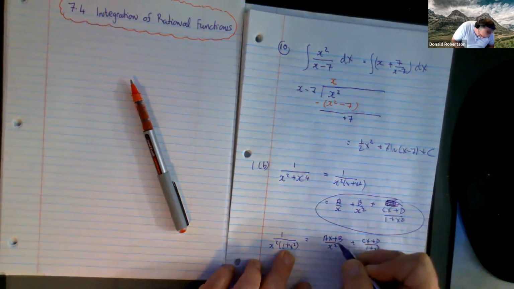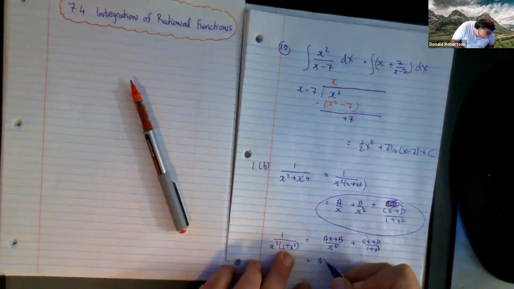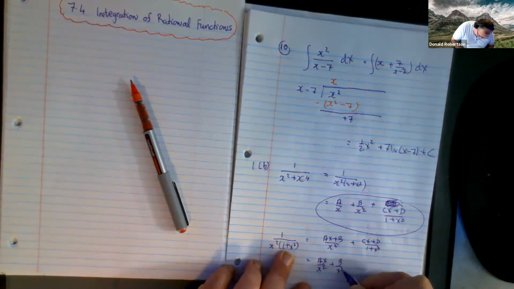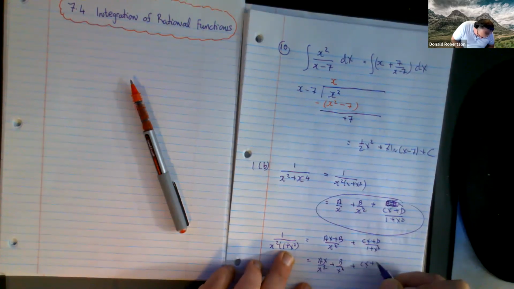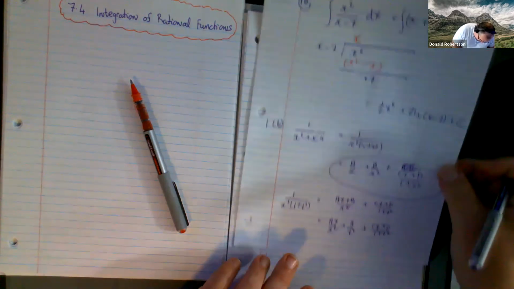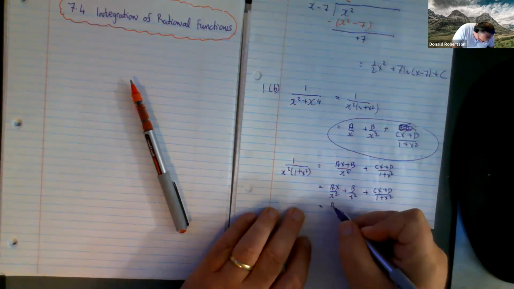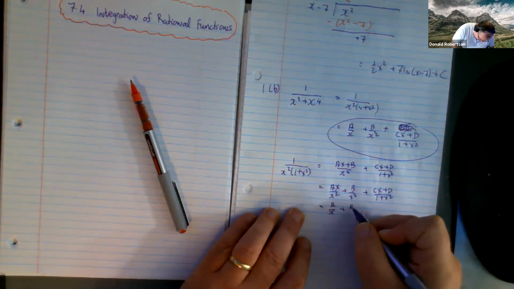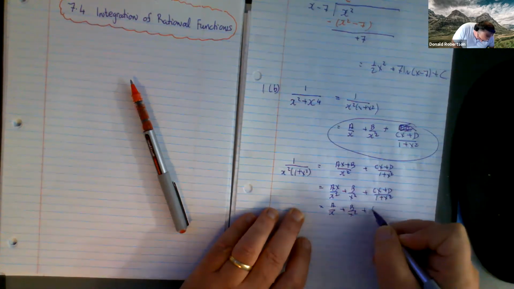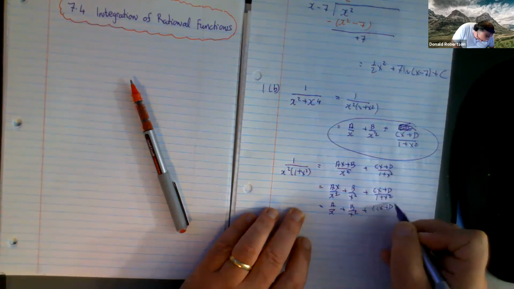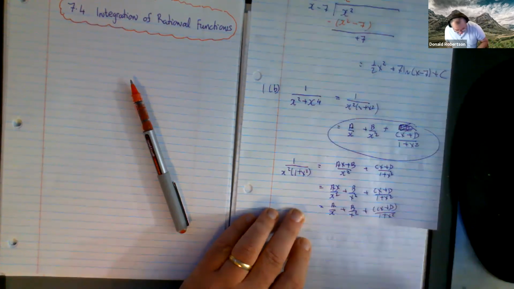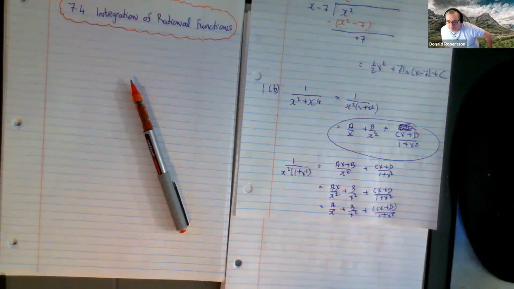But this one gets split, and this other one doesn't, because you don't split fractions with pluses in the bottom. This simplifies down to the A over x and the B over x squared and the C over that guy.